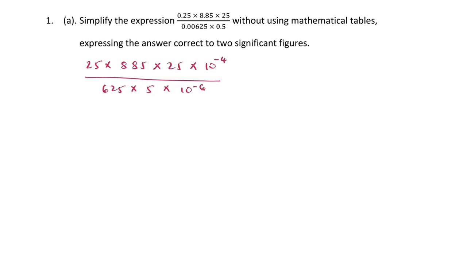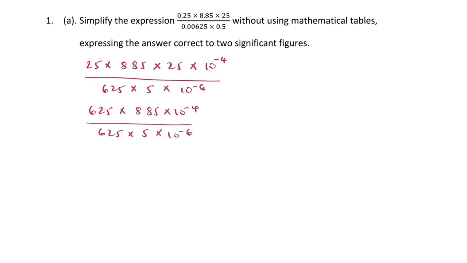Okay, so now let us multiply this 25 and this 25. Our expression is going to be 625 times 885 times 10 power negative 4 over 625 times 5 times 10 power negative 6.